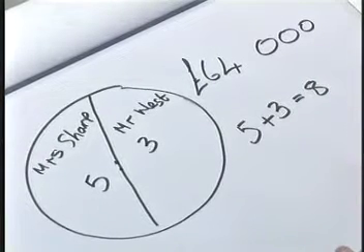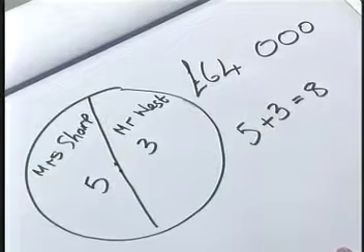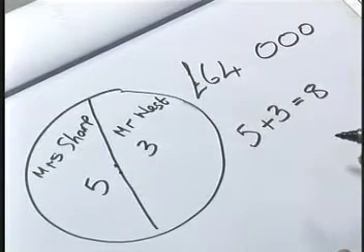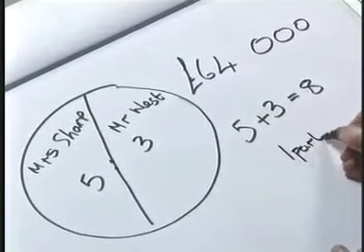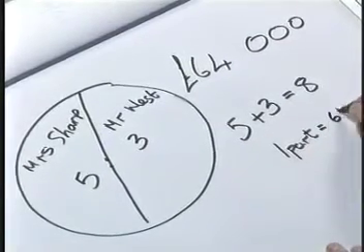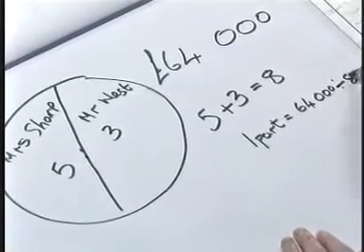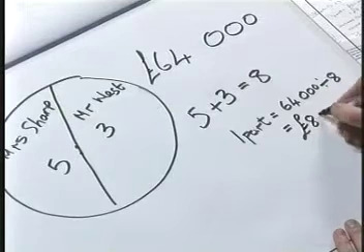Then we work out what the total value of one part of the inheritance would be. Now we know that the total inheritance is £64,000. So one part equals 64,000 divided by 8. And that is £8,000.